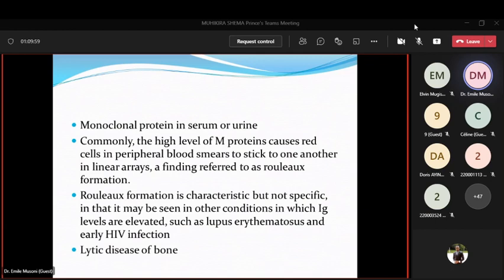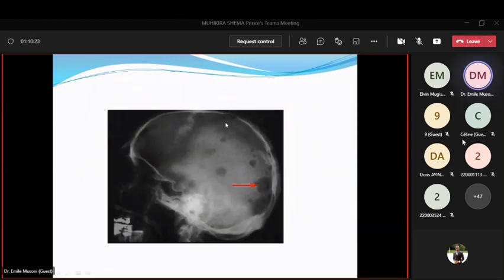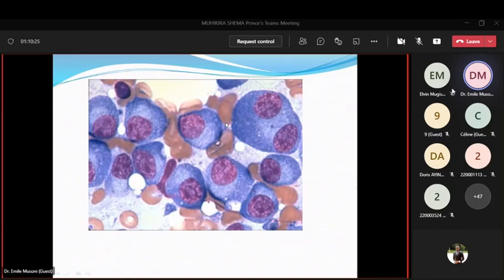There may be other conditions in which immunoglobulin levels are elevated, such as lupus erythematosus and ear infection. These are some associated conditions that can even cause confusion. But the most important for multiple myeloma is increased cellularity of plasma cells, and most of the time you can see some vacuolated plasma cells. In that case, when you find that image in the lab, think that you have multiple myeloma.